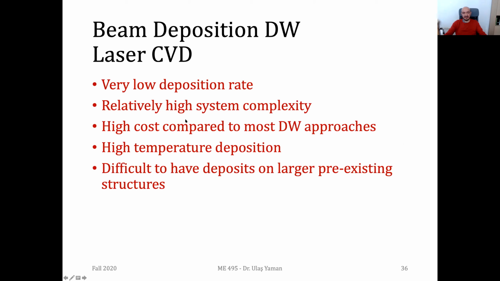And since the system is quite complicated, you cannot, for instance, take an available product and deposit materials on it. You need to start with a new material. So it's not suitable for printing, let's say, sensors or antennas on available structures.